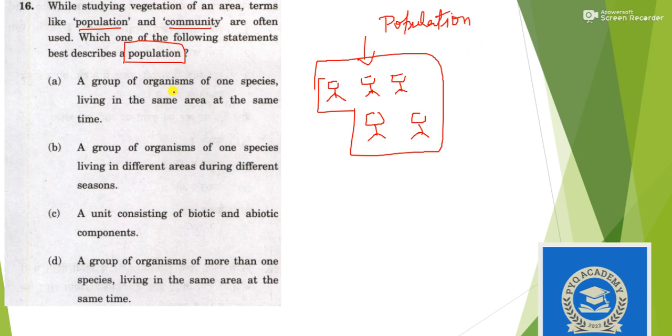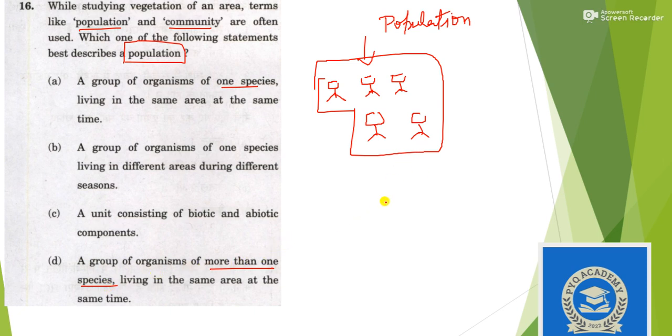So a group of one species living in the same area at the same time. If we do not know the exact definition, let's first eliminate the option which is least probable. A group of organisms of more than one species, no, this is not true.